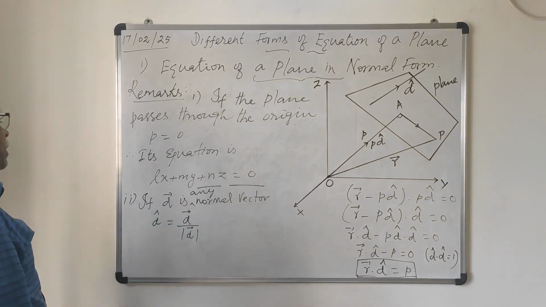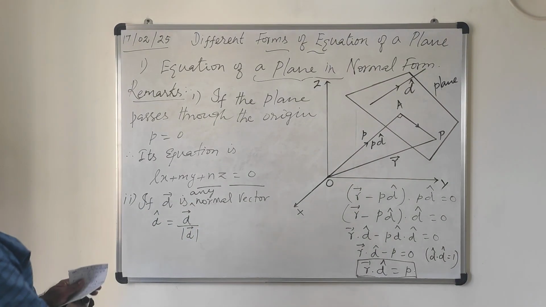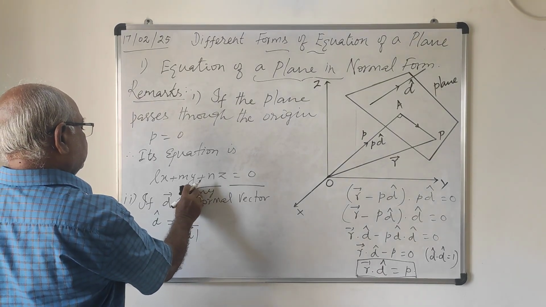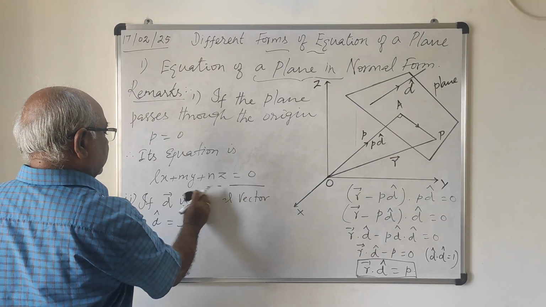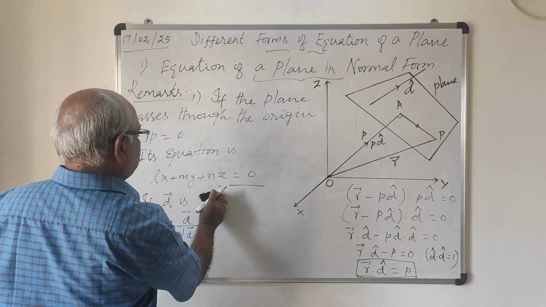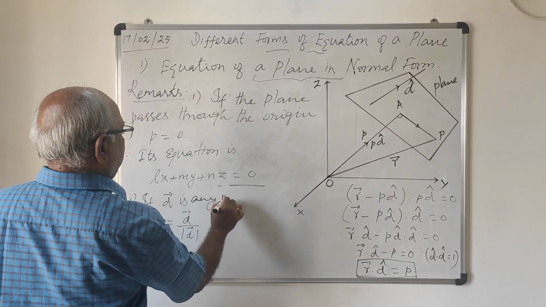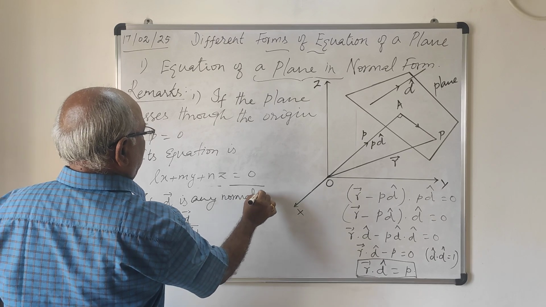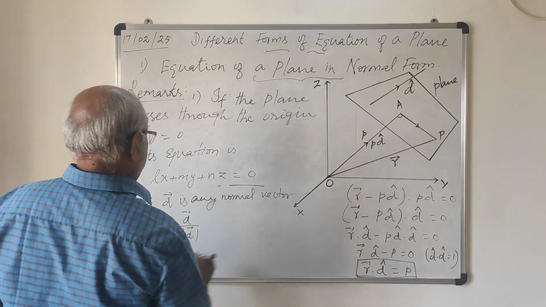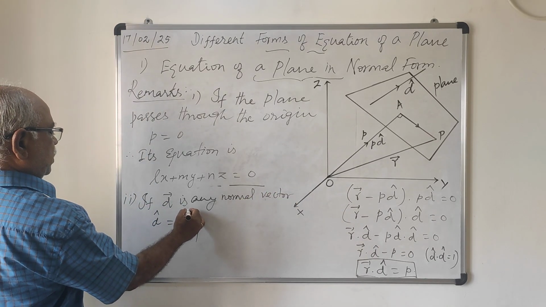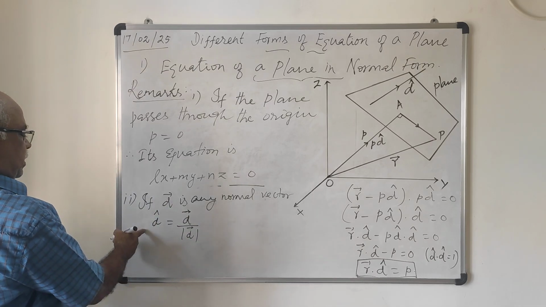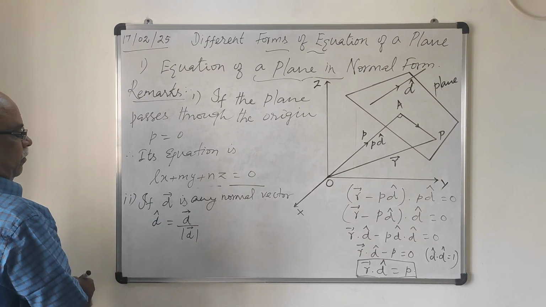If d is any normal vector, but not a unit vector, you convert the d vector into d cap, that is, d cap equal to d vector by mod of d vector.